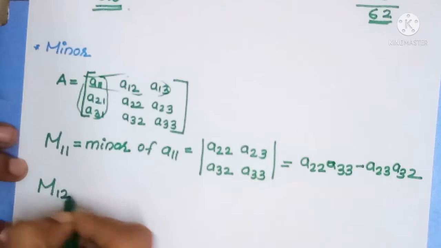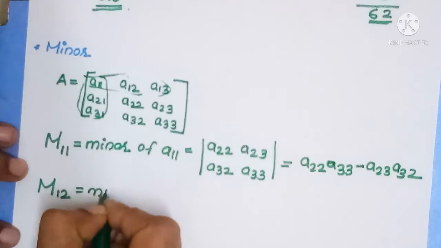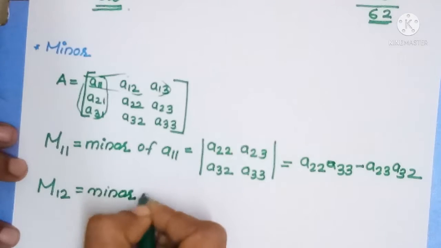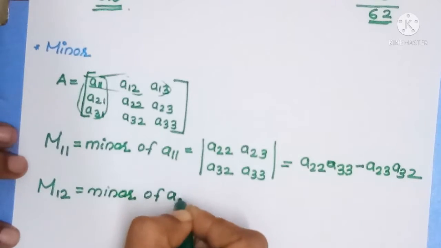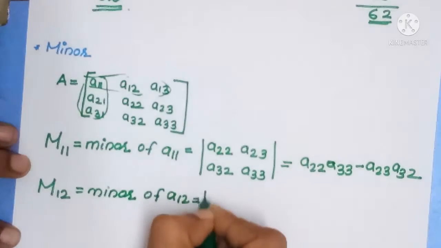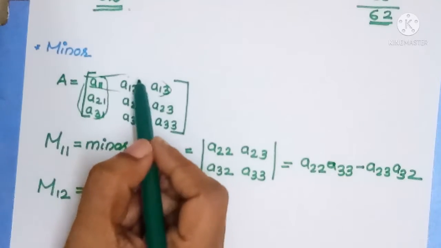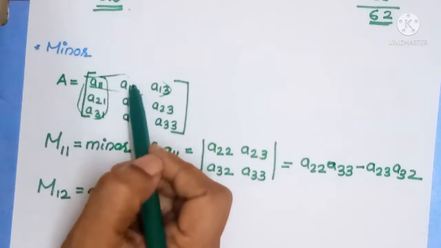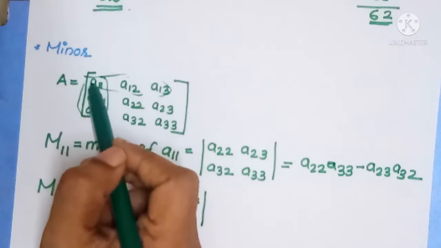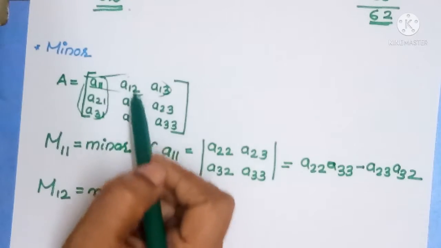A12. M12 is equal to the minor of A12. How can we find it? Avoid the row and column that include this element A12. That means avoid the first row and second column.